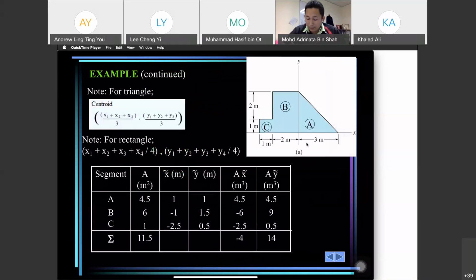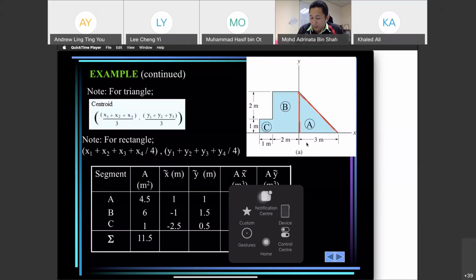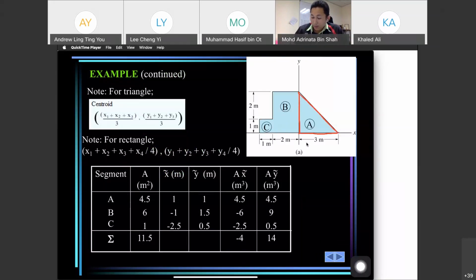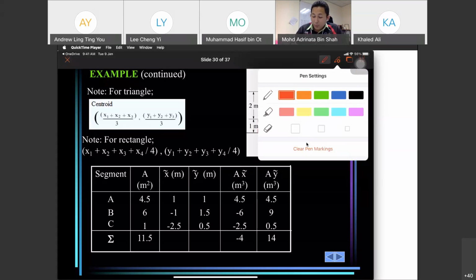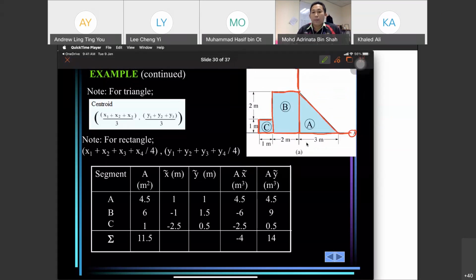So we have divided it into 3 parts: A, B, and C. Look at our X. Okay, X is at the bottom, and Y is here. Now what do we have for our body?